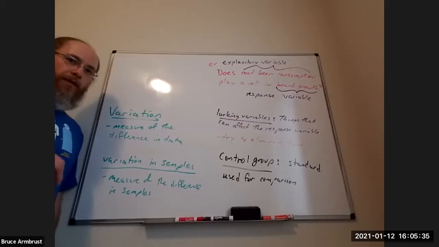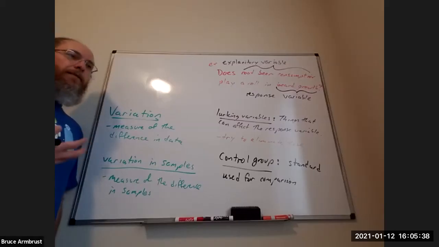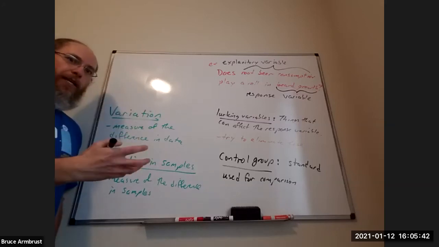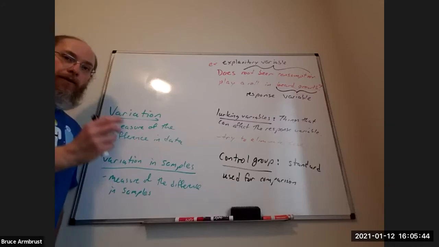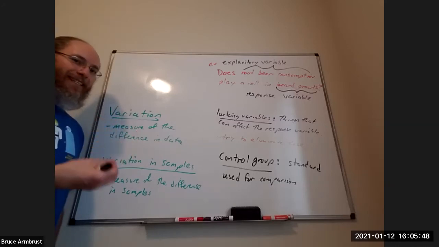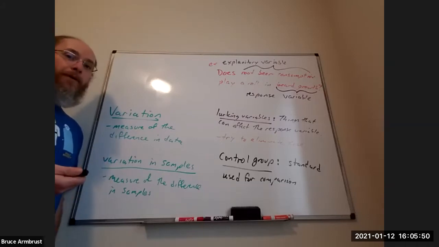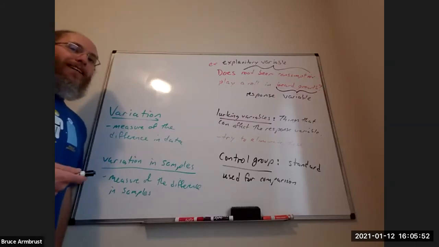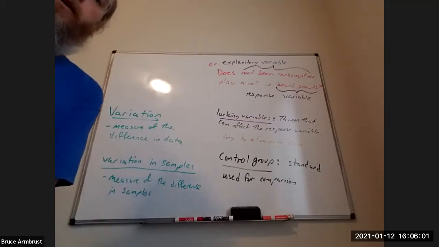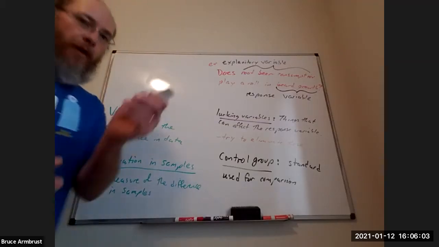Okay, so sampling is the actual act of choosing a sample to do your study on. That's what we mean when we say sampling. Probabilities are the likelihoods that something would happen. Like I could say I'm going to do simple random sampling.